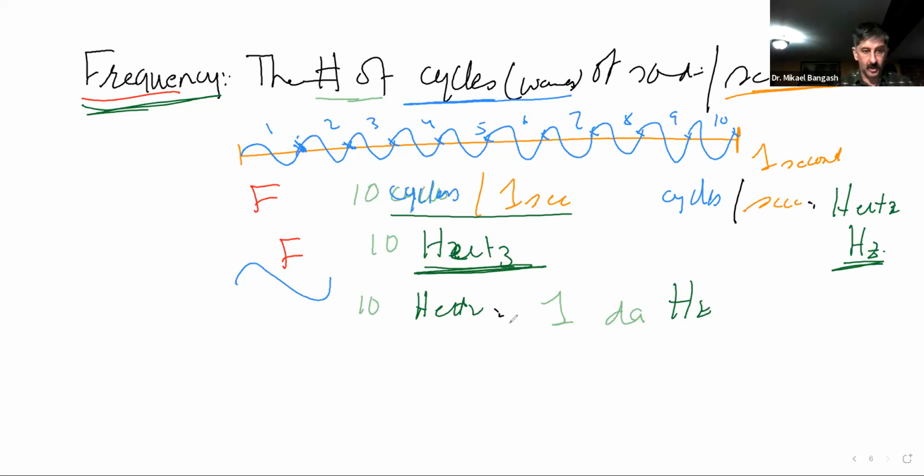This 10 hertz could also be written as, it's probably not going to be, but you can still say, 1 multiplied by 10. Whether you write the 1 or not, it doesn't really matter, but it's hertz.